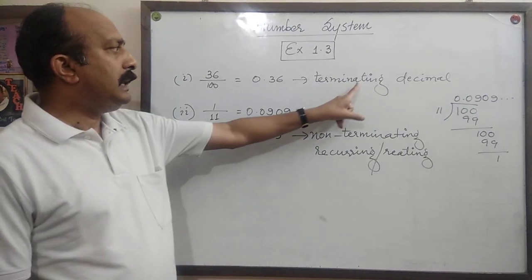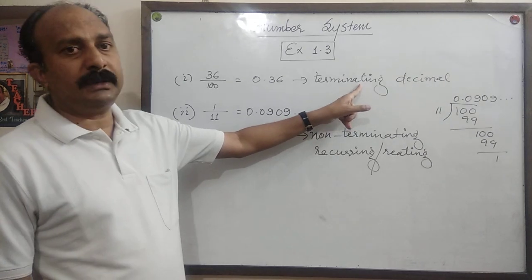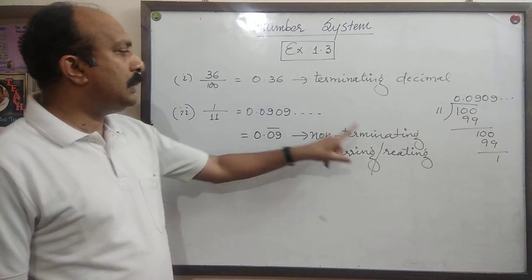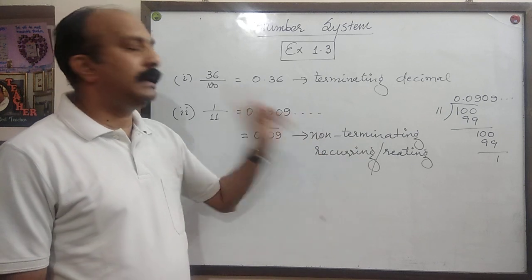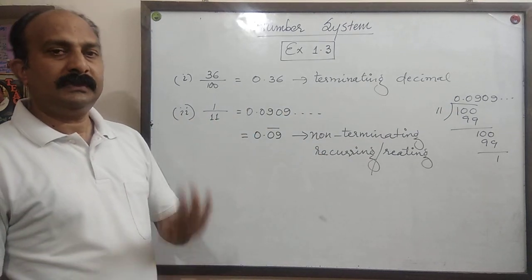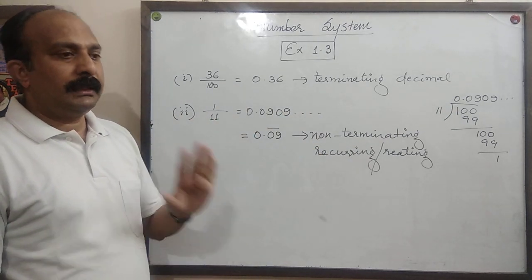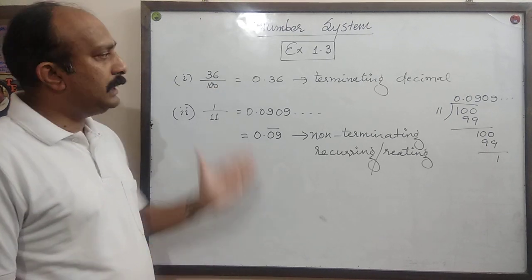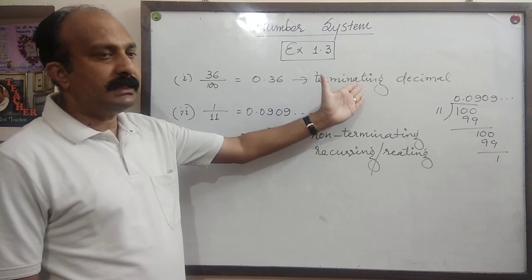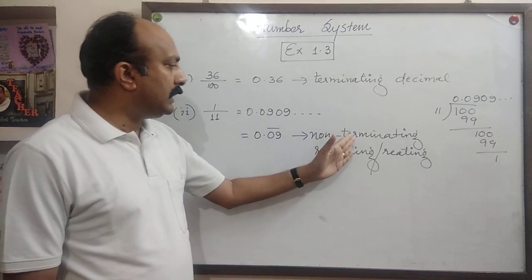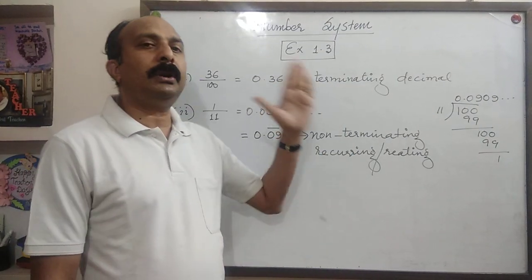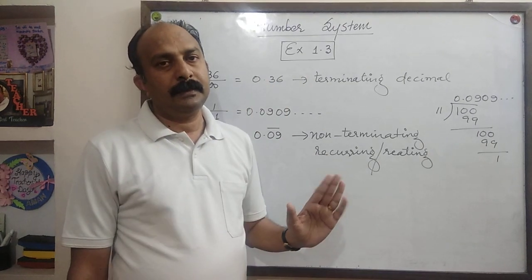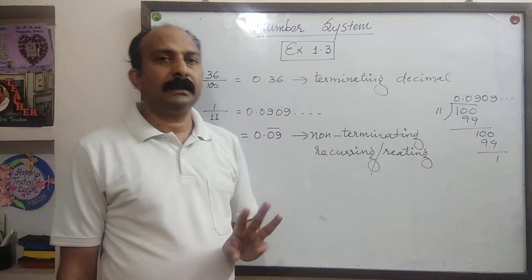Either it will be a terminating decimal or it will be a non-terminating recurring decimal. This is sure. The decimal form of any rational number will be either a terminating decimal or a non-terminating recurring or repeating decimal. Is it clear?